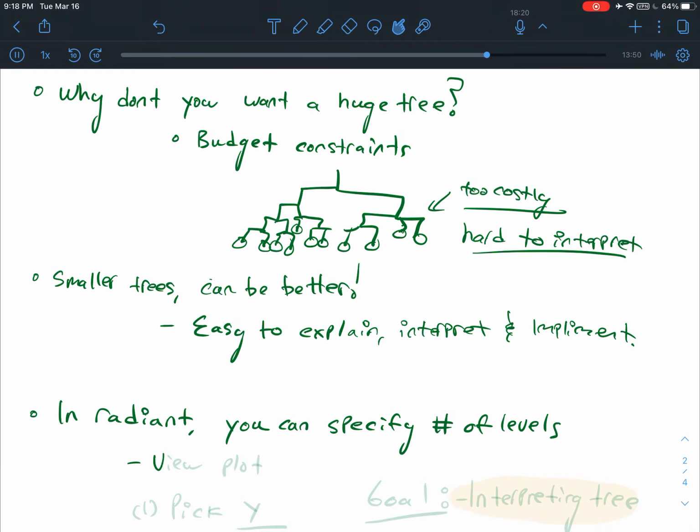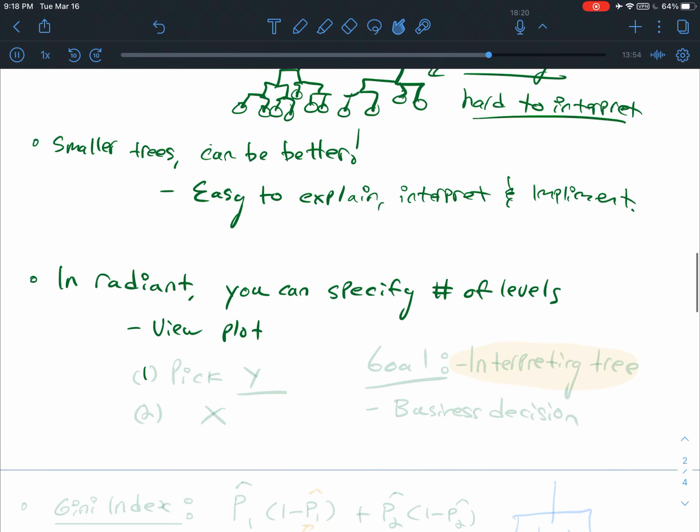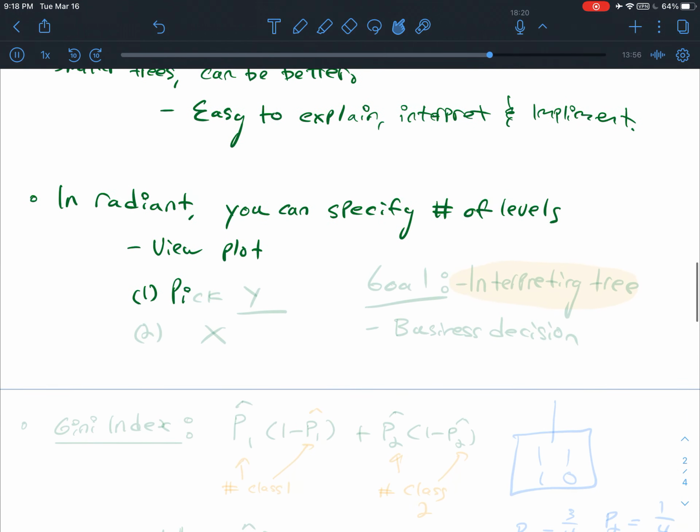You can view the plot, and you don't really have to go through any of the math above. Your only steps are going to be you're going to pick what you want to predict, and then you're going to pick the data, right? And then Radiant's going to produce this tree for you. Okay, so don't worry about that.